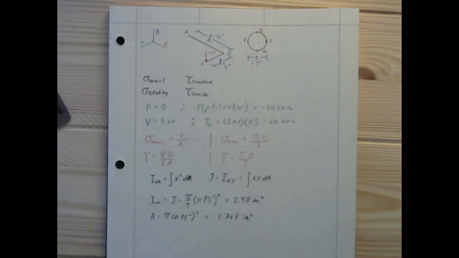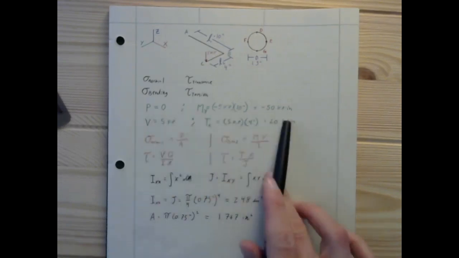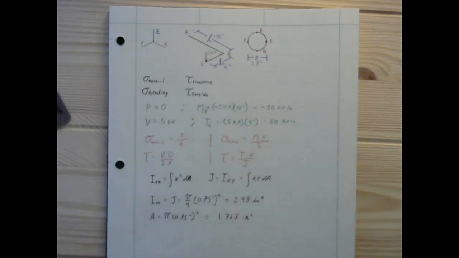So now we've got the loads from the reaction today, and we've got the second moment of inertia, the polar moment of inertia, and the cross-sectional area. We can begin to implement these 4 equations. So let's look at point D first.